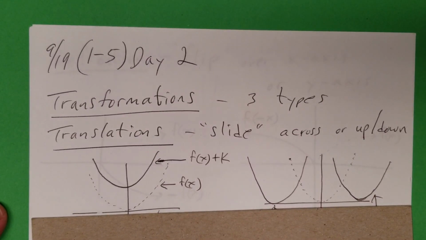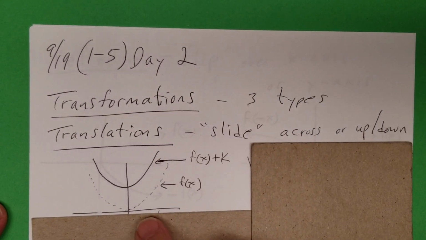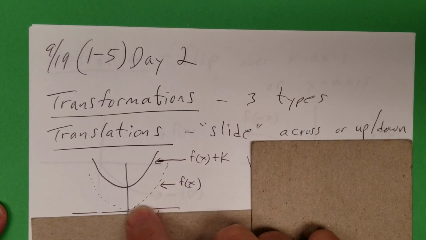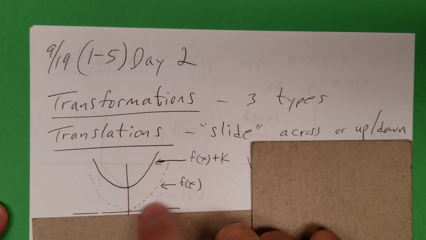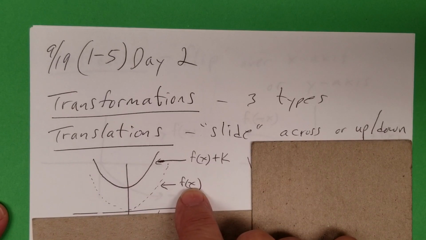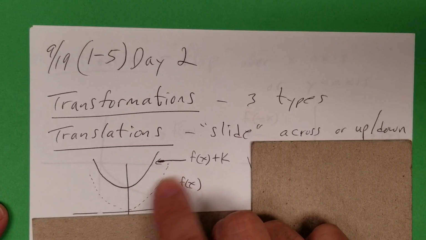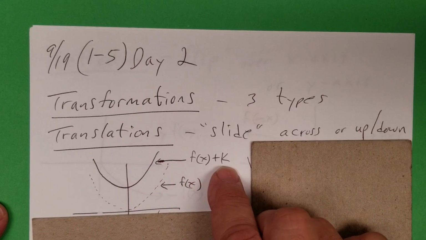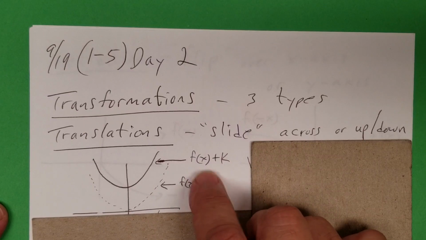So let's say this is our function. The dotted one is our original function, the parent graph, just f of x. By the way, this would be x squared. What if we add a number on the outside of the function, at the end of the function?